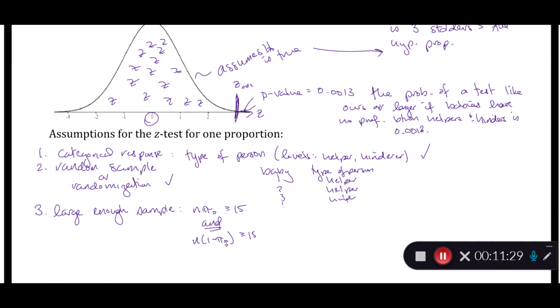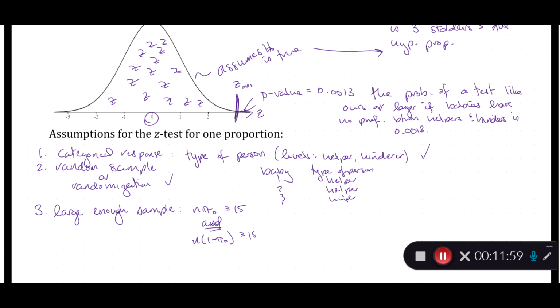And if I have at least 15 failures, that would be n times 1 minus pi naught, then I can use this test. This is especially important when pi naught, the proportion under the null hypothesis, is very different from 0.5. So if I have a pi naught that is close to 1 or close to 0, then I really have to be careful to check this condition.